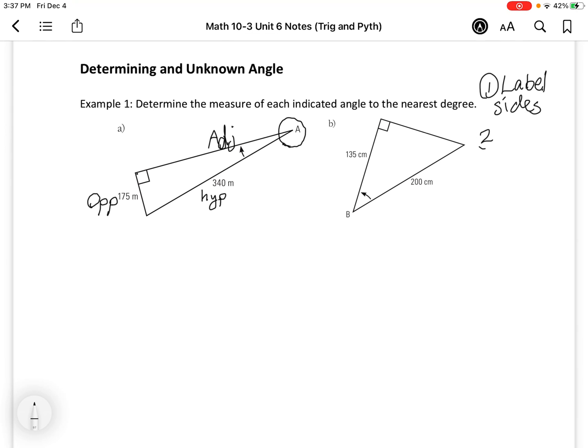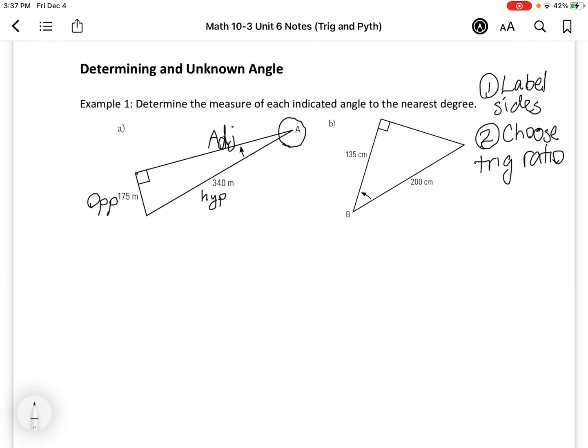Step 2, what you need to do now is you need to choose a trig ratio. What you need to keep in mind with these trig ratios is that every trig ratio has 3 unknowns: an angle and 2 sides.